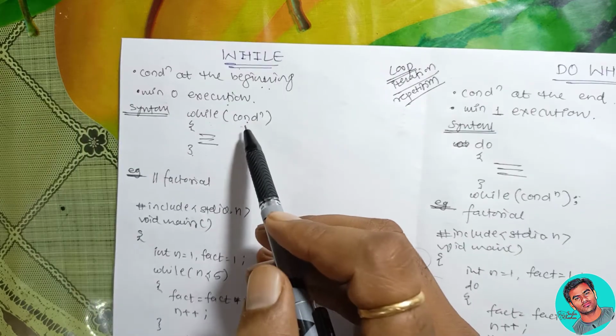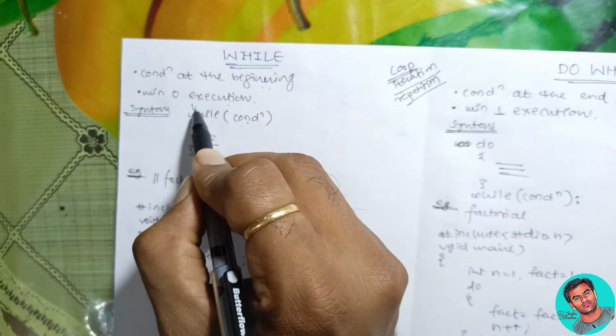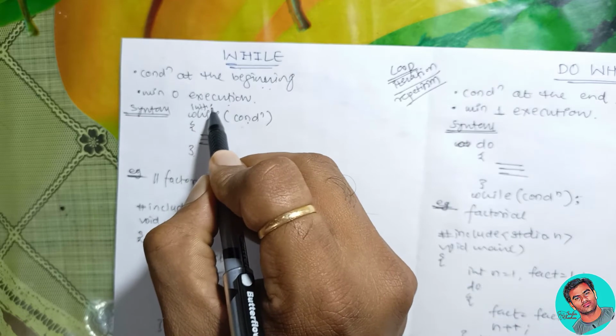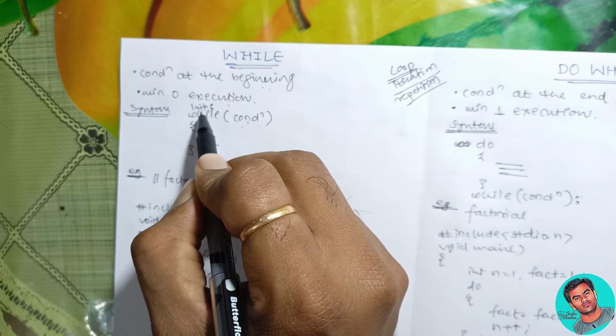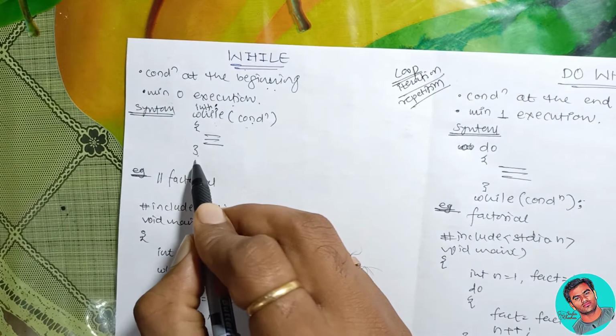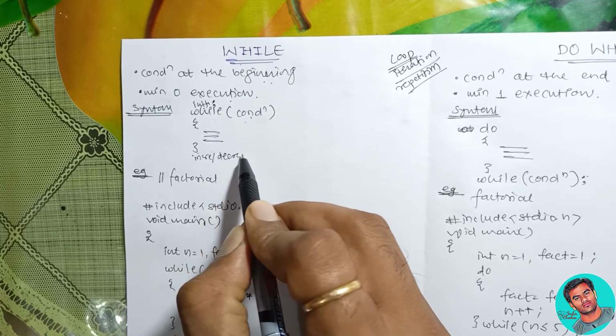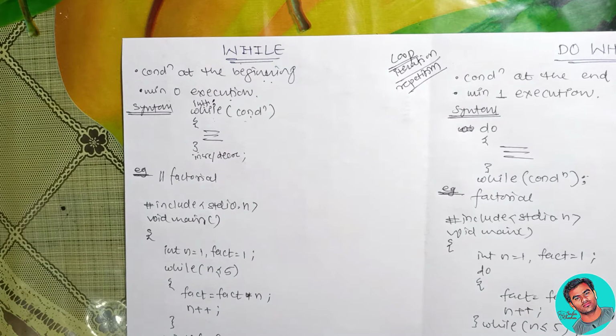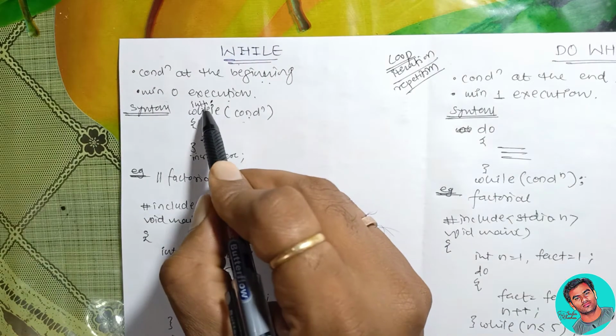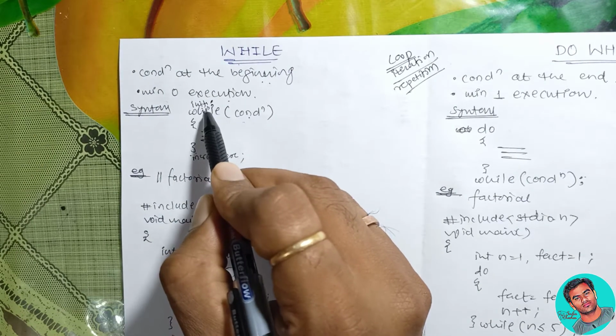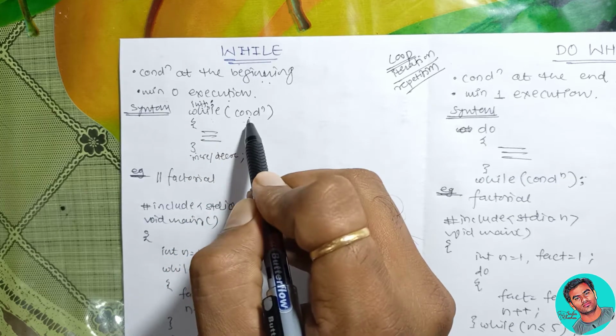In a while statement there is an initialization done before the while statement. Then there is an increment or a decrement of the value at the end. So first there is an initialization, then according to that the condition gets checked.